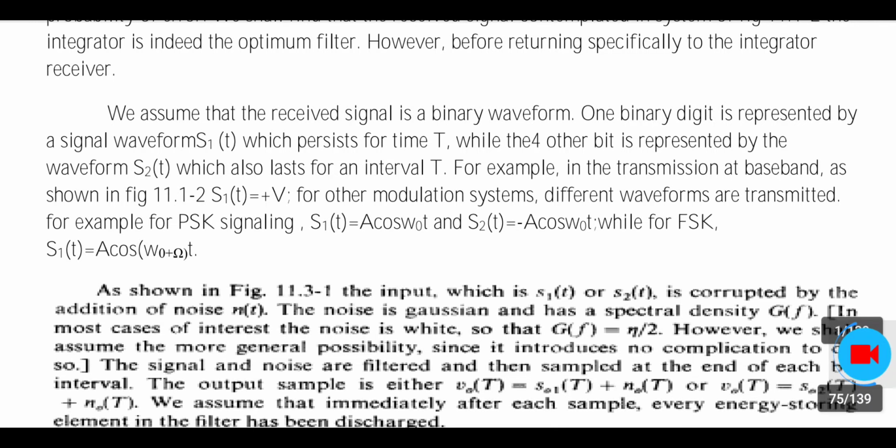We assume that the received signal is a binary waveform. One binary digit is represented by the signal waveform S1, which persists for a time T. The other bit is represented by waveform S2, which also lasts for an interval T. Let's consider the two different time intervals.